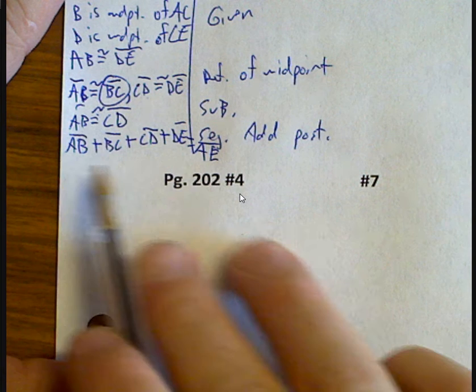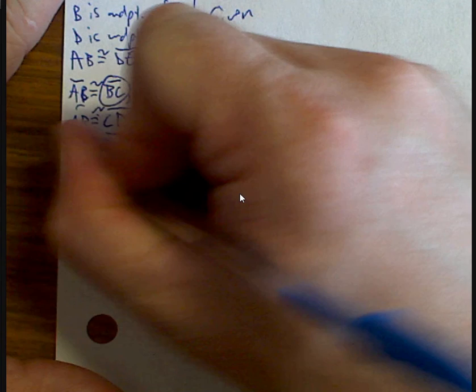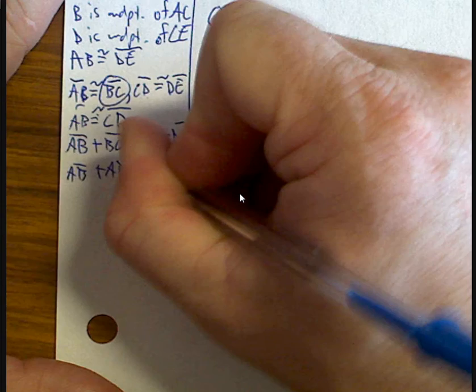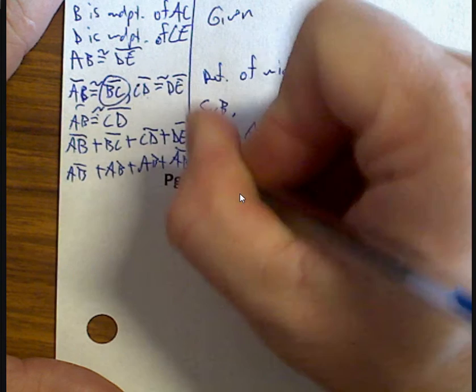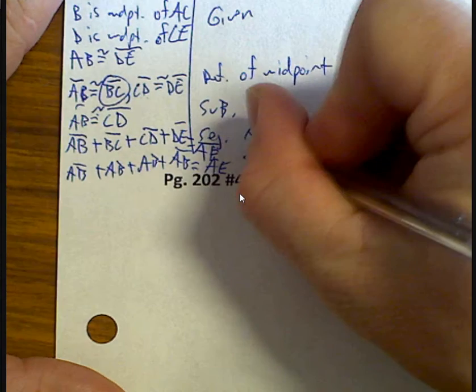All of these are the same as AB, so I really have AB plus AB plus AB plus AB. That equals AE. And all I did is I substituted.